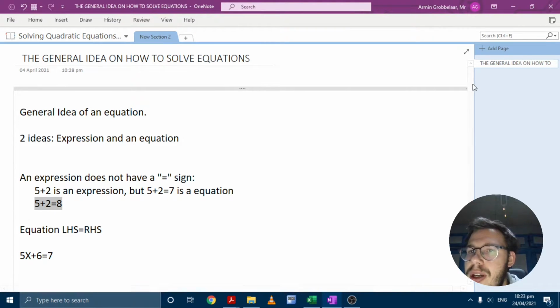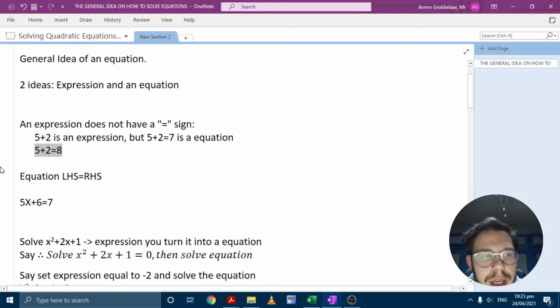If we think about an equation, we think about something like 5x plus 6 is equal to 7. So we have to find some number which, multiplied by 5 and plus 6, gives us 7, so that the left-hand side will equal the right-hand side.